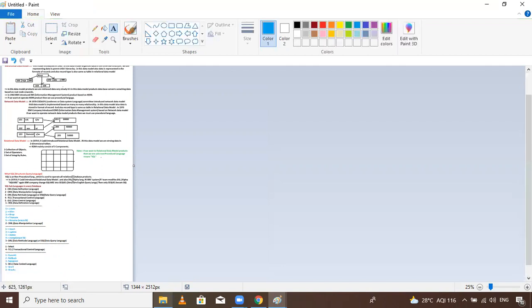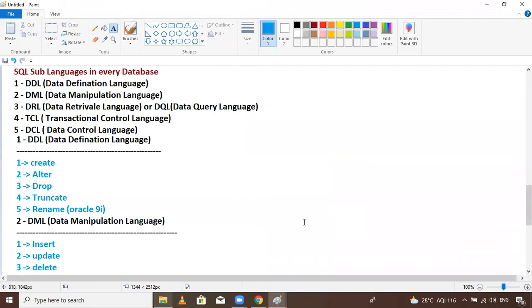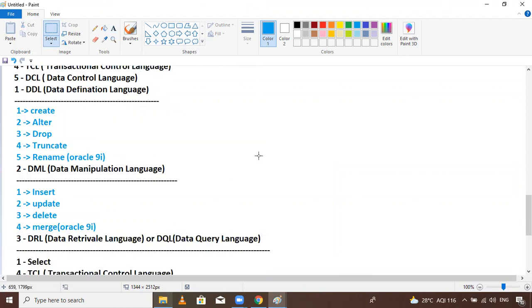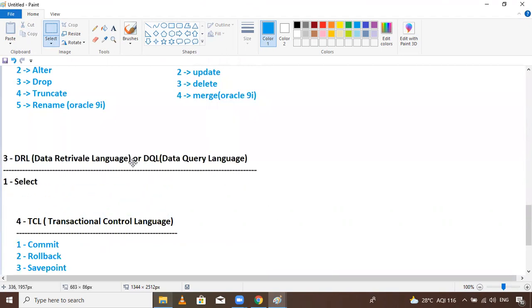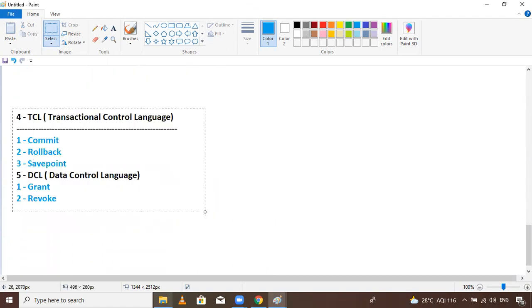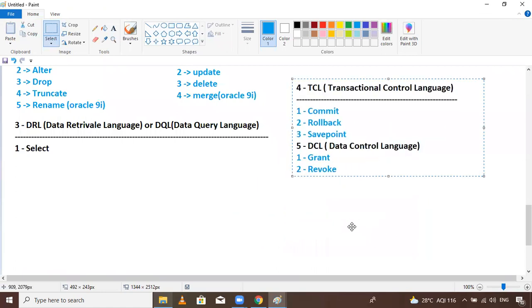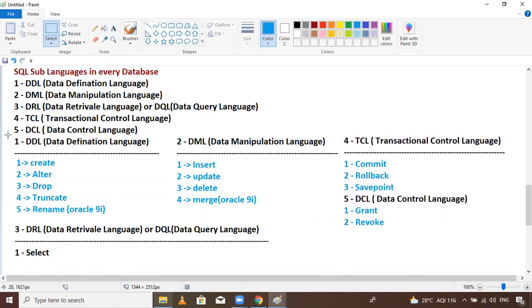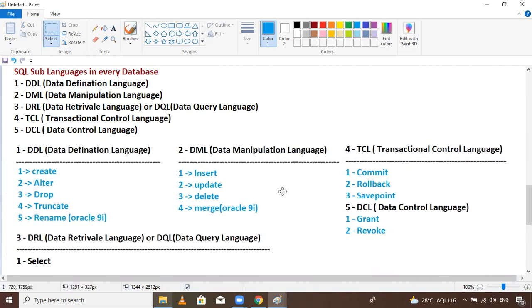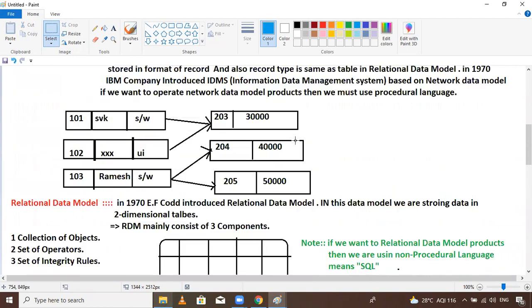Okay, now it's good. So this is all about SQL queries.